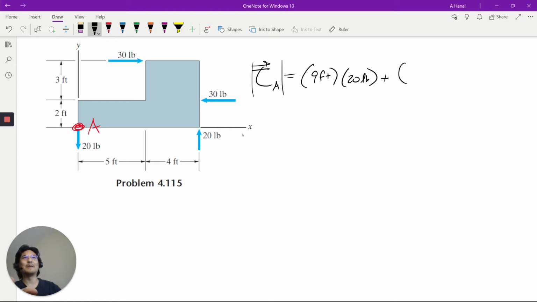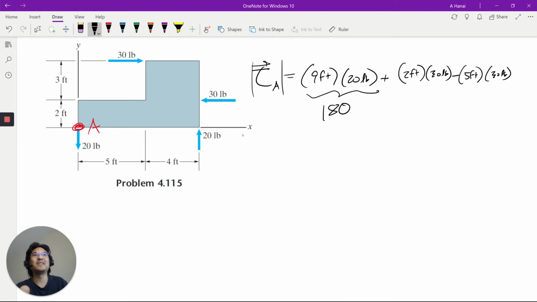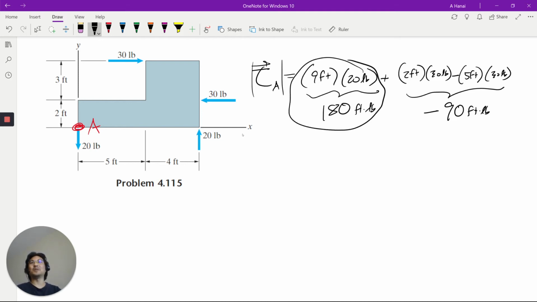So plus 2 feet, 30 pounds. And then this lever arm here is 5 feet, and that will be going clockwise, which is negative. So minus 5 feet, 30 pounds. So this is 180, and this together is negative 90. Okay, so this is the torque due to this couple.